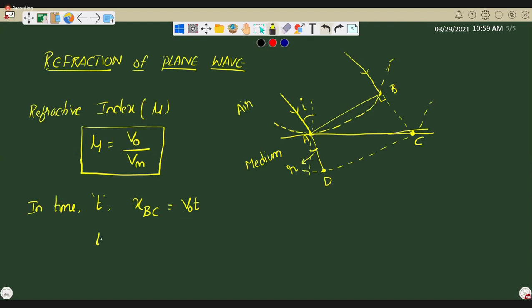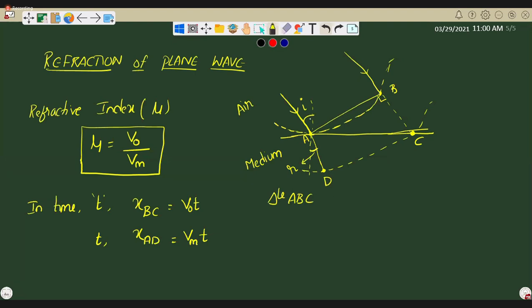At the same time t, the distance traveled by the wave from A to D is Vm into t. Clear? Now I am considering my triangle ABC.